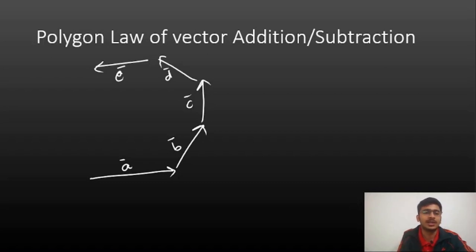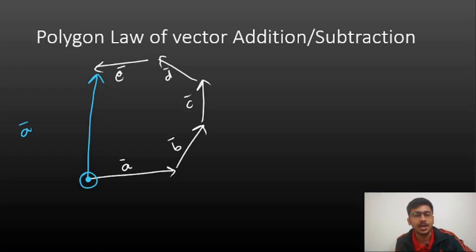Well, it will be basically the initial point of the first vector joined to the final point of the last vector. So in short, we have covered this displacement. This is the resultant of all these vectors. This vector is nothing but A vector plus B vector plus C vector plus D vector plus E vector. So this is what is the polygon law of vector addition.